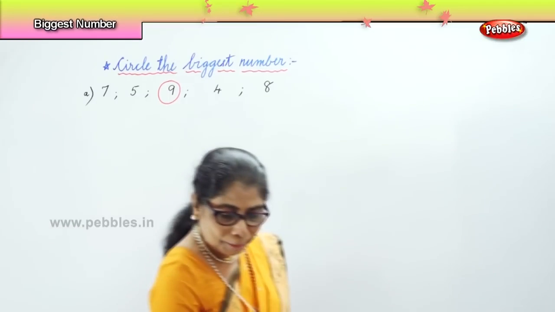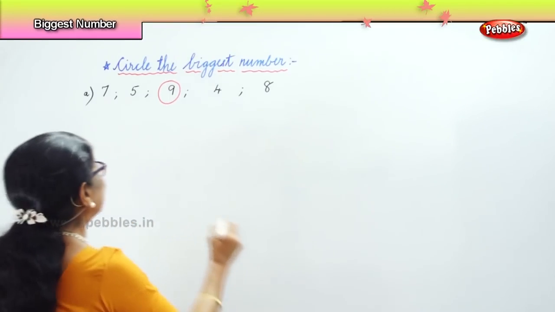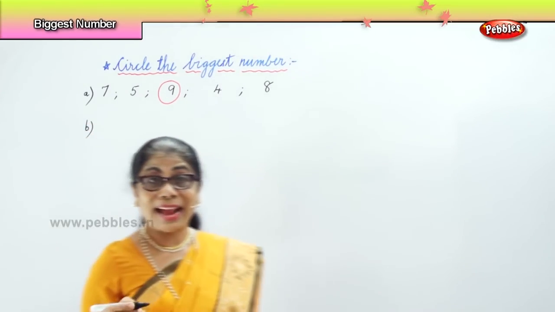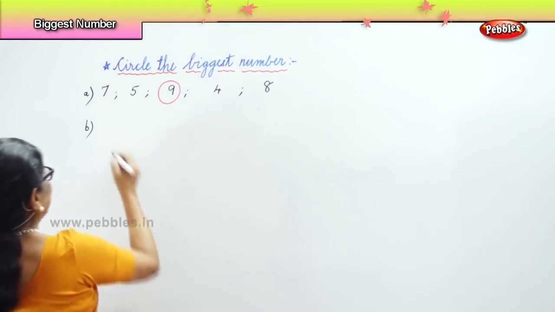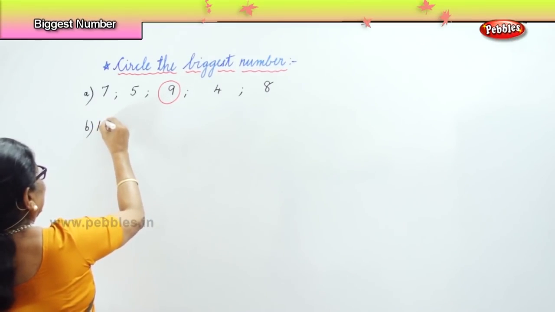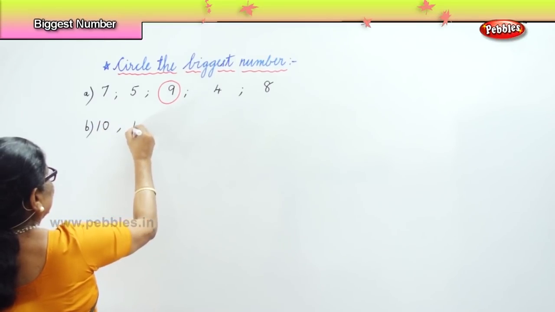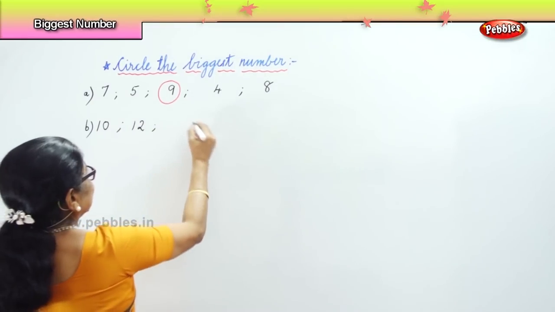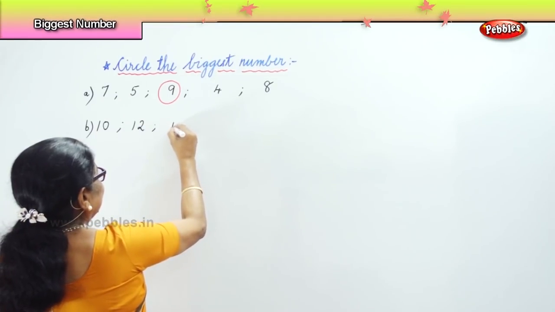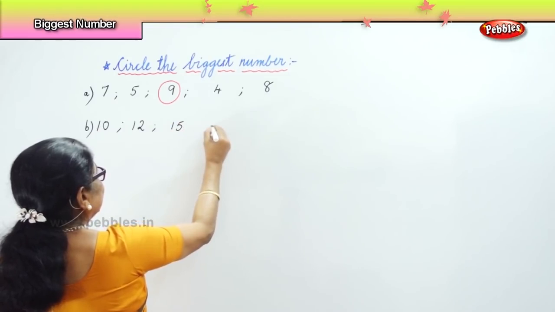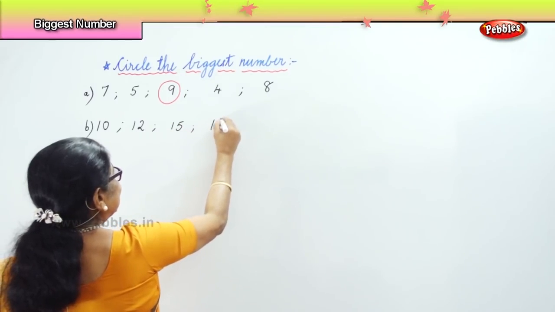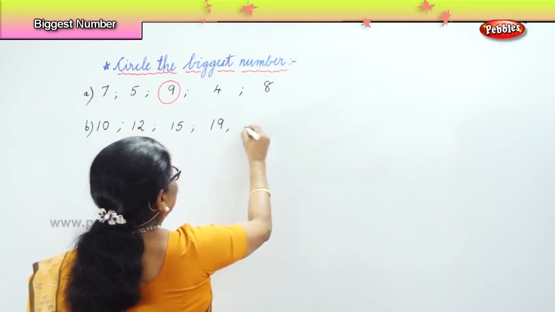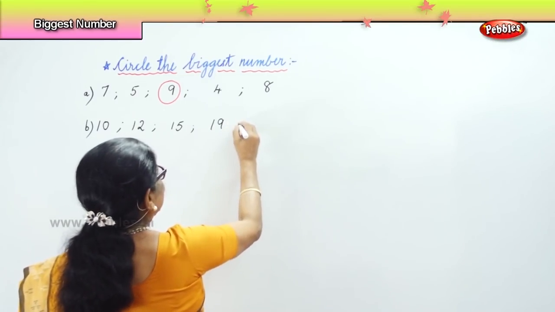We'll do one more exercise. Now you choose the numbers. We have done numbers up to 100. All right. Now look at this: 10, 12, 15, 19 and 17.